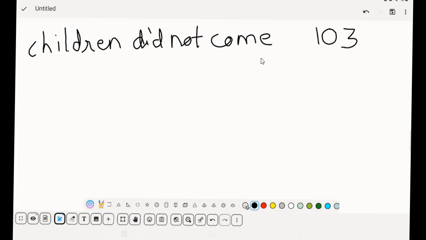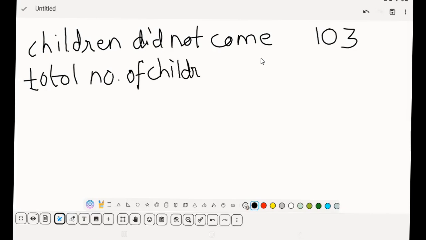And the total number of children in the school, in school, that is 200. So how many children did come to the school? You have to subtract the 103 from 200.